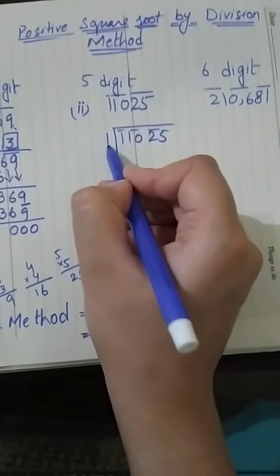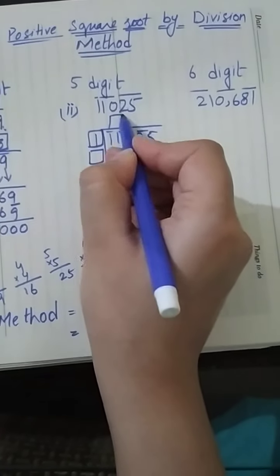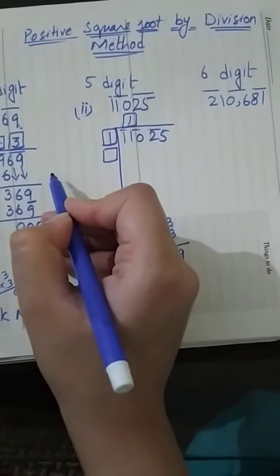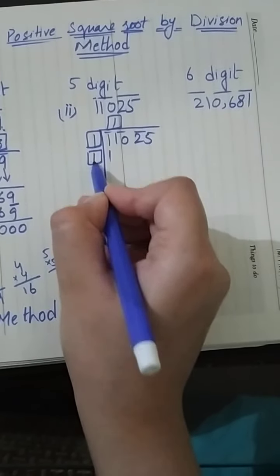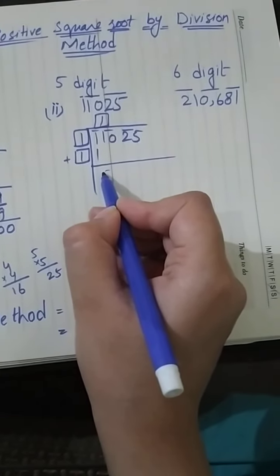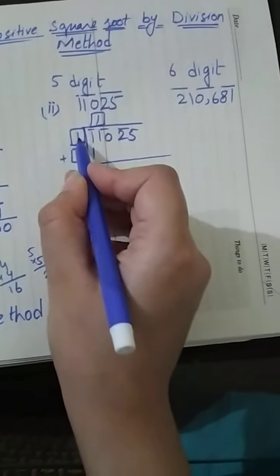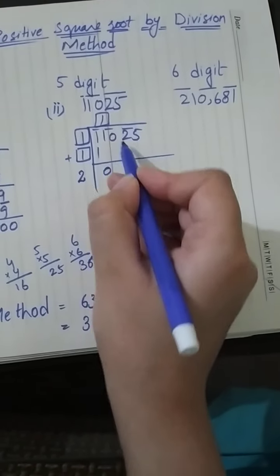So I am taking 1 here as the quotient and as the divisor. 1 1 is 1. Add the quotient to the divisor and subtract these two numbers, you will get 0. By adding these two numbers, you will get 2.